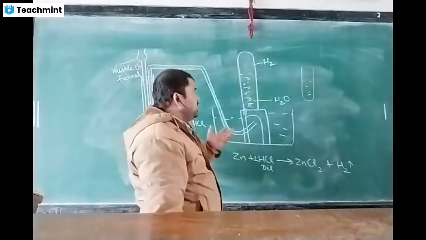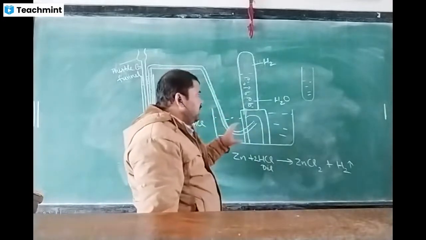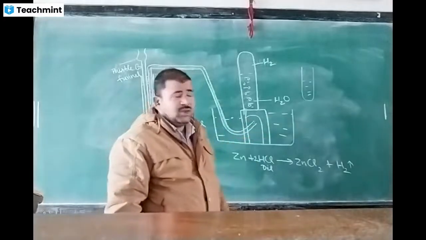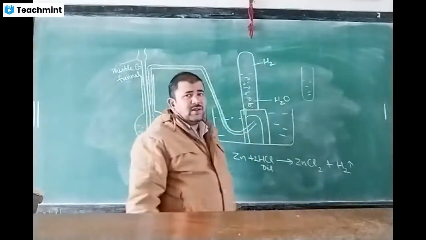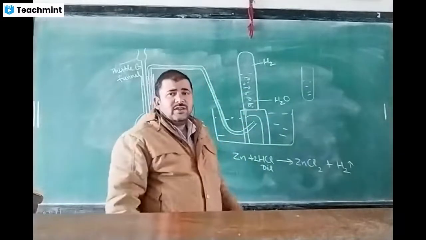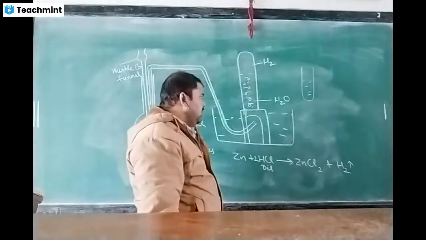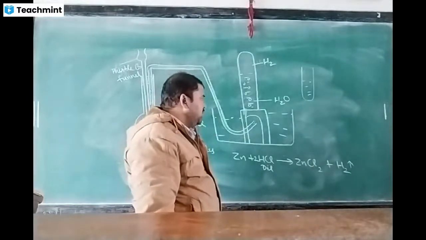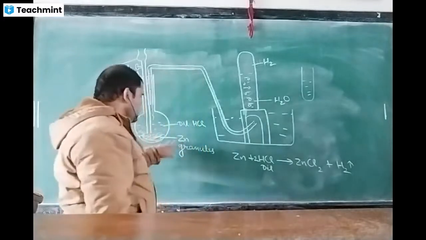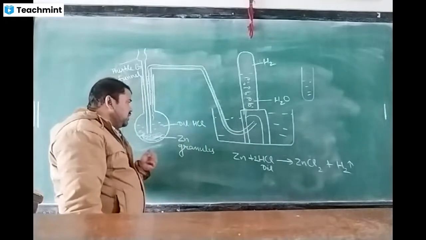So no reaction takes place, no air is present, and by the downward displacement of water we can also observe the gas, because the gas comes through the water, so bubbles develop. By seeing the bubbles we can understand that hydrogen gas is coming. And sometimes the hydrogen is associated with macroparticles, because we know that zinc here is in granulated form, a commercially made substance, and many impurities are present in this zinc.